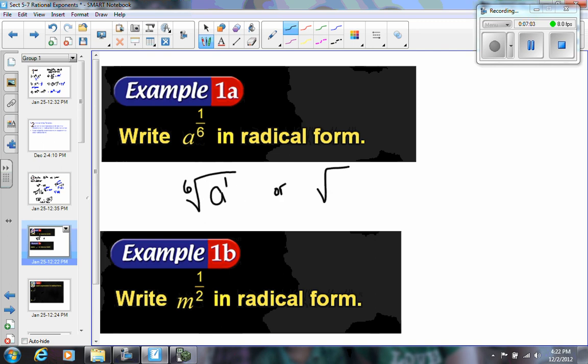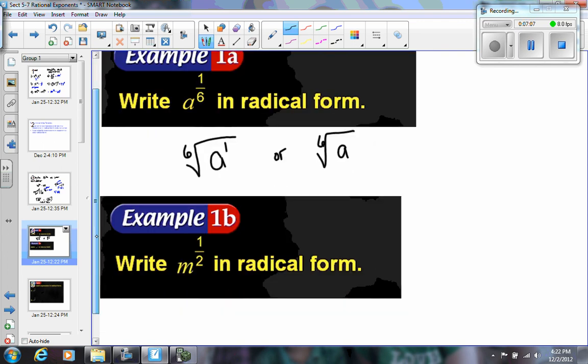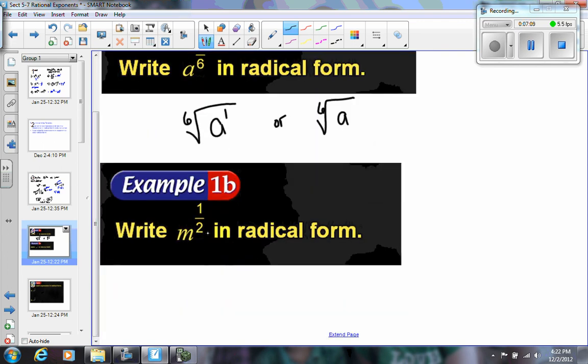I could just say it's the 6th root of a. And for this one, remember the 2 tells me it's the square root of m to the 1st power. So it's just the square root of m. So I was given it in exponential form, and I changed it to radical form.